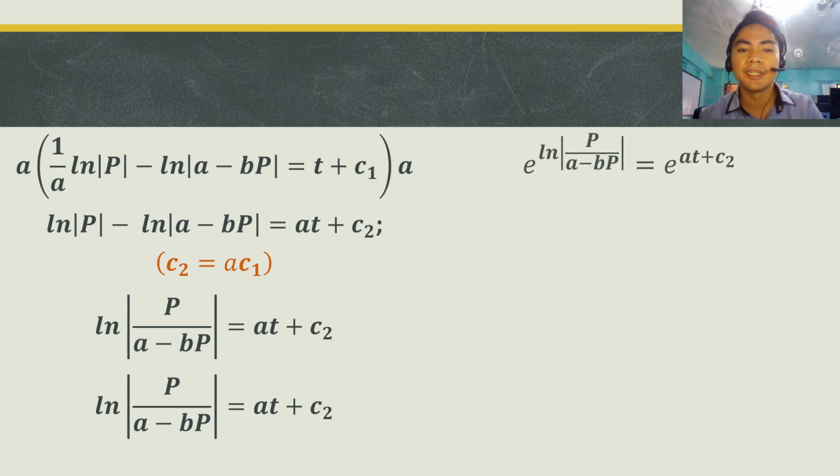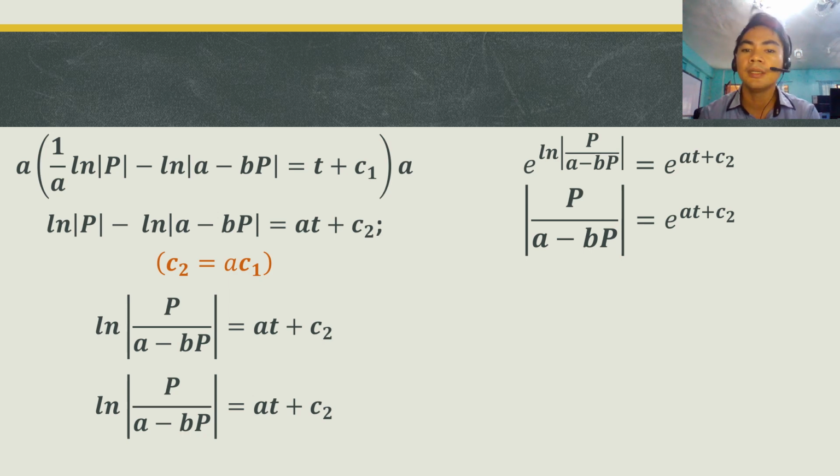And then insert e, or the Euler's number, applying the property of Euler's number. So we have, applying the law of natural logarithm, the absolute value of p all over a minus bp is equal to e raised to at plus c sub 2.